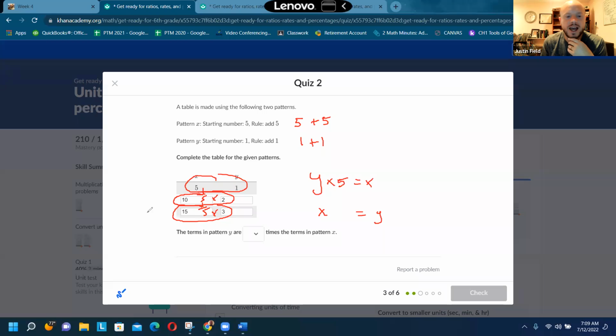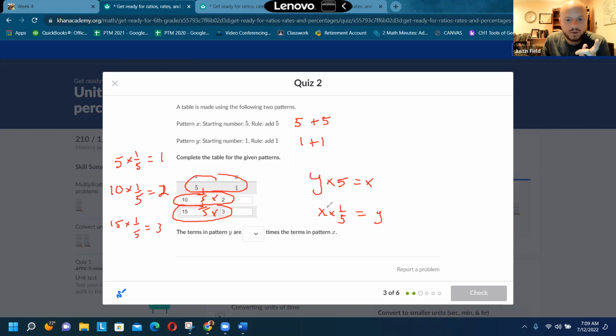If you multiply 10 by 1/5, you get 2. If you multiply 5 by 1/5, you get 1. And if you multiply 15 by 1/5, you get 3. So it's the reciprocal that gets you the other direction.